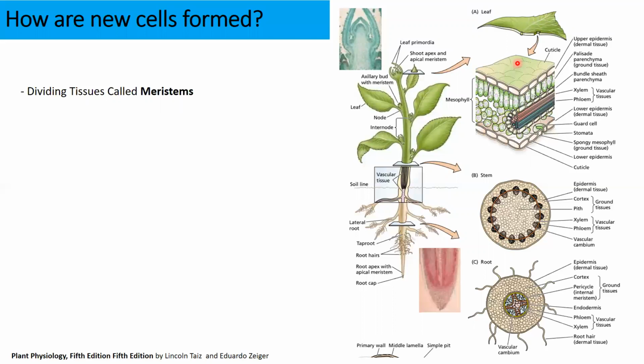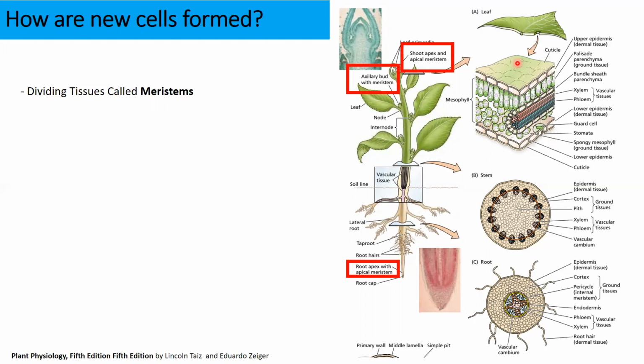New cells are produced by dividing tissues called meristems. Plant growth is concentrated in localized regions of cell division called meristems. Nearly all nuclear divisions, which is mitosis, and cell divisions, which represent cytokinesis, occur in these meristematic regions.